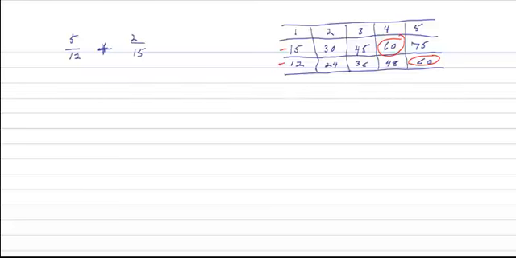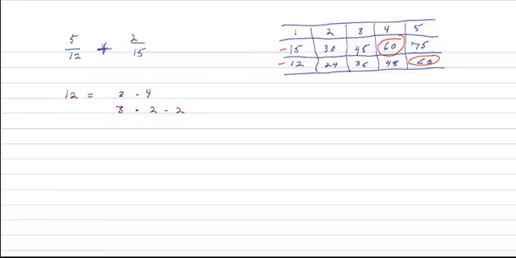Now let's take another approach. 12 equals, and we'll pick any two numbers that multiply to be 12. So how about 3 times 4? Well, 4 is really 2 times 2, so we could say that that's the same as 3 times 2 times 2.